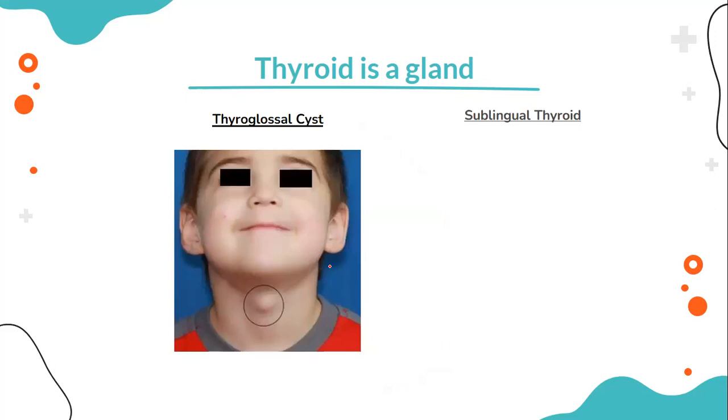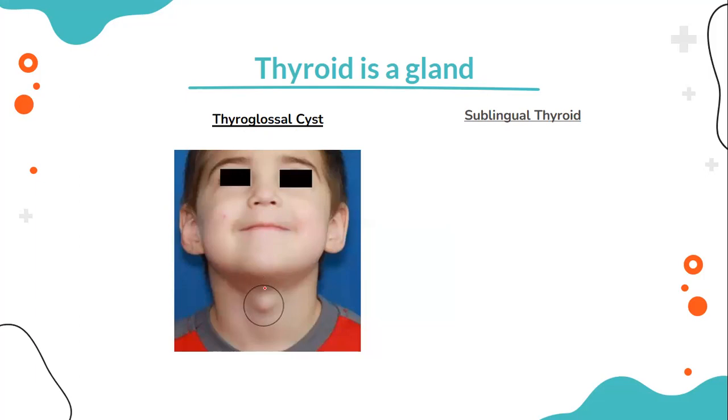And what happens when we find this, especially in the midline of the neck? Well, we would have to think about a thyroglossal cyst. This is here down under the tongue. We would have the sublingual thyroid.